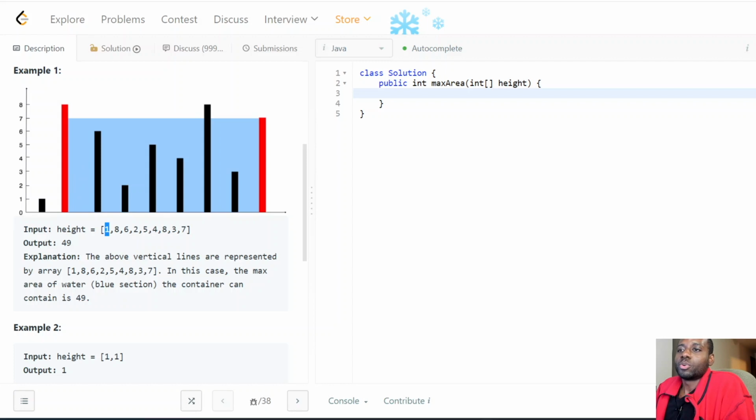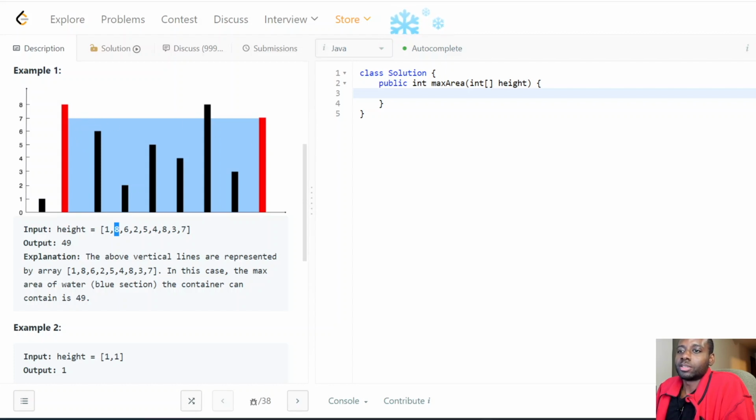So the first index has a height of 1, and the second index has a height of 8, one of the tallest ones. We can see that we were able to find the best pair: it's this line and that line. By combining the two, this is how we get the maximum area.